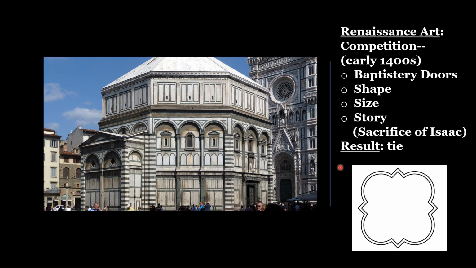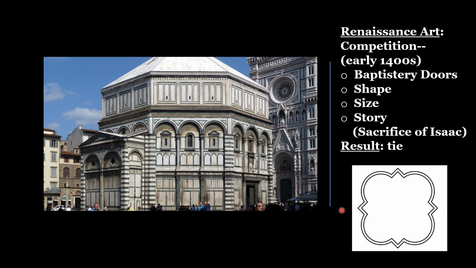They said, everyone who is entering has to apply, and you have to create a work of art as your test piece, as your application. It will need to have a specific shape, called a quatrefoil, a specific size, and it needs to tell a specific story, the Old Testament story of the sacrifice of Isaac.